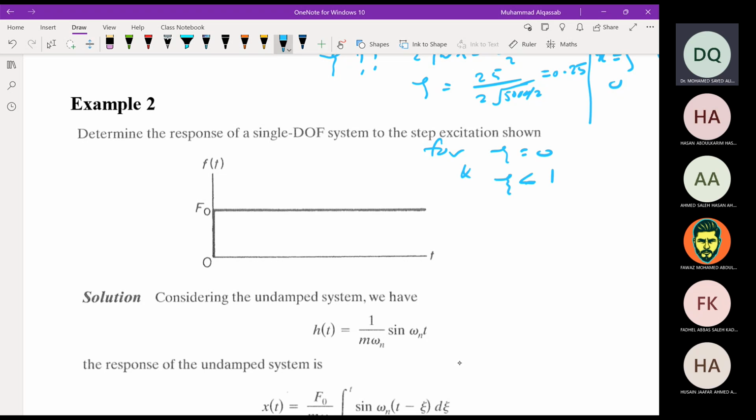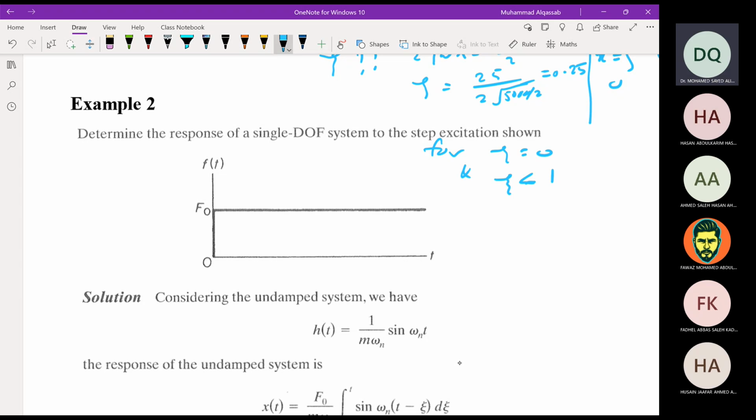You can refer to lecture 1. Okay, the response of the undamped system becomes, as usual, you will write x equal to integral of f of eta h of t minus eta d eta. And then you will substitute. F of eta, we have f of t is constant, it is equal to F naught. So f of eta is F naught.